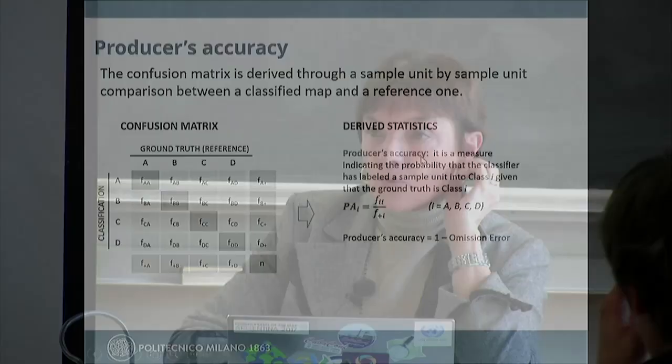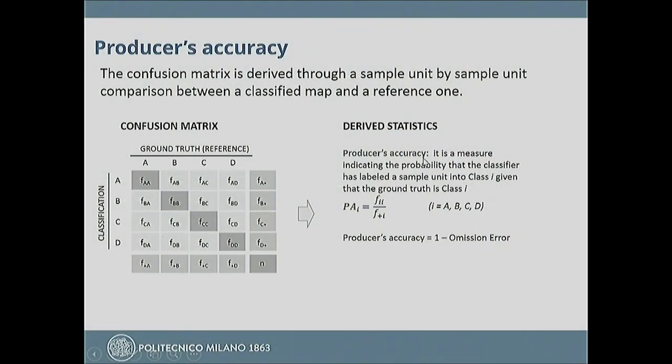It is an index indicating the probability that the classifier has labeled a sample unit into class I, given that the ground truth is in class I. If you look at this formula, this producer's accuracy is not a general one for every class, but is a specific one for one specific class. So, it is the accuracy in the classification of one specific class.